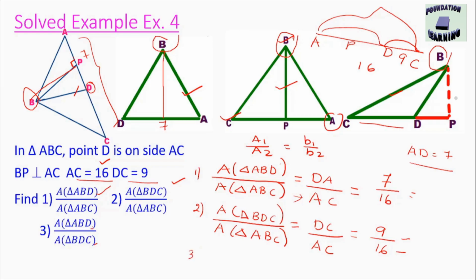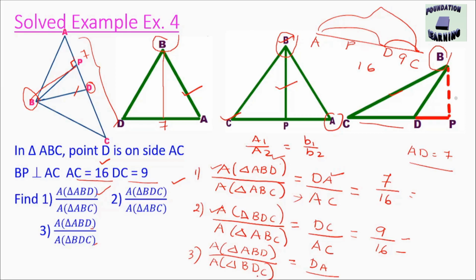And the third ratio, area of triangle ABD upon area of triangle BDC. Now remember, it's just repetition. What is the base of ABD? ABD was the first triangle, and the base is DA.